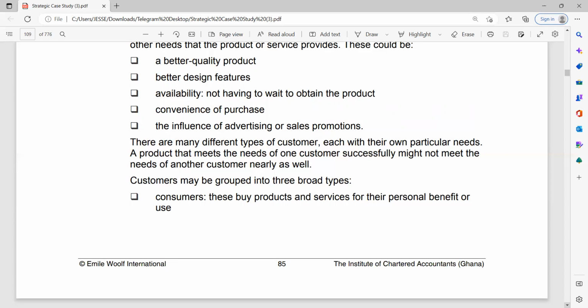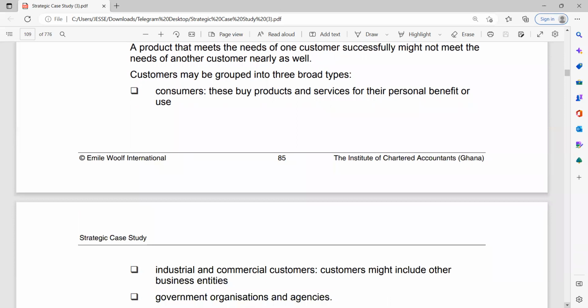Customers can be grouped into three broad types. Number one is consumers. Number two is industrial and commercial customers. Number three is government organizations and agencies. So we have consumers, the first category of customers. These are people who buy products and services for their own personal use.